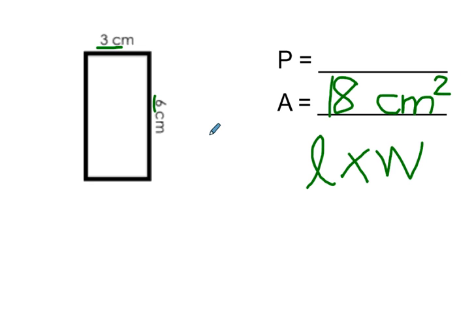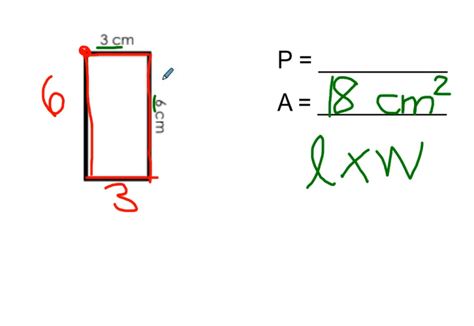Now for the perimeter you have to add up all the sides. So I'm going to start here. I'm going to add 3 centimeters plus 6. Uh-oh, these ones aren't labeled. But I can see it's a rectangle. So I know this one is also going to be a 3 because the one across was, and this one over here is also going to be a 6.